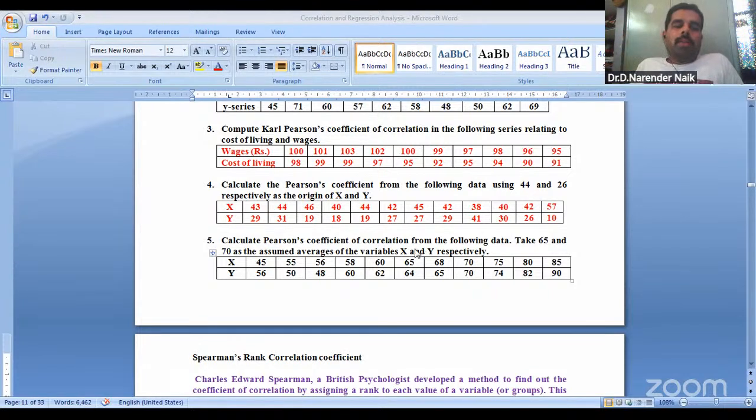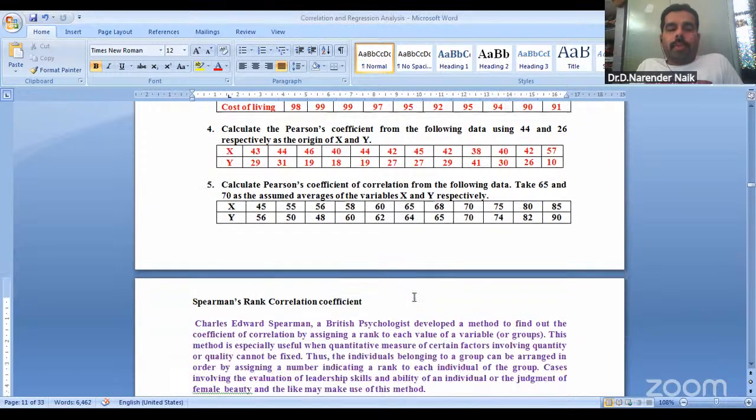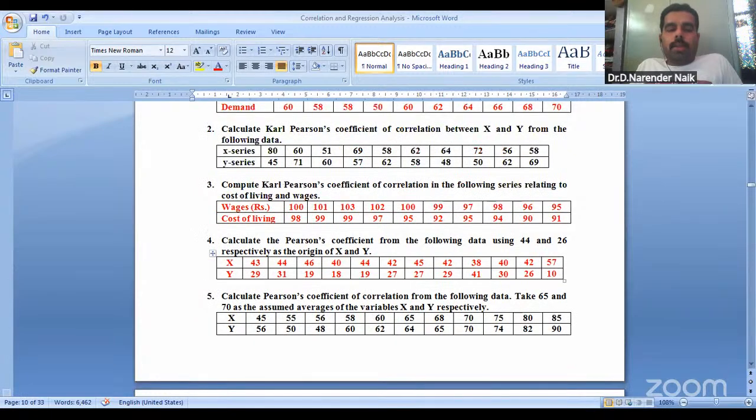Then the last one is Karl Pearson coefficient of correlation from the following data. Take 65 and 70 as the assumed averages of variables x and y respectively. Okay, these are assumed mean problems. So till this, if you have any doubt, anybody, you can ask.